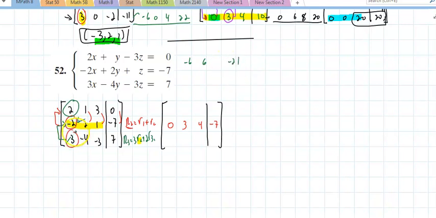If I multiply this by 3, negative 6, 6, 3, and 21. If I multiply this by a 2, doesn't that become a 6, a negative 8, a negative 6, and a 14? And if I add those, what do I get? 0, negative 2, a negative 3, and a negative 7.